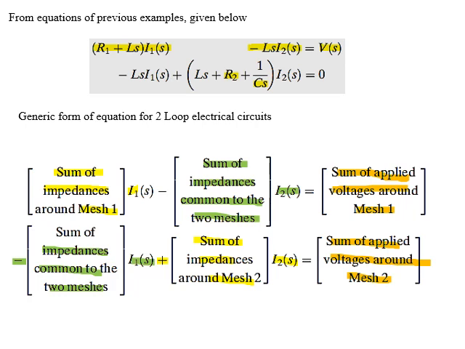This will be our generic form and will be used in the inspection method to find the equations of the system for a two loop electrical network.